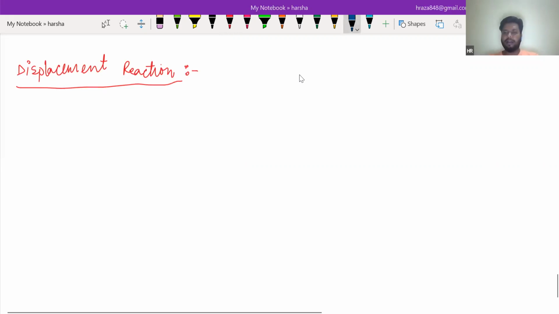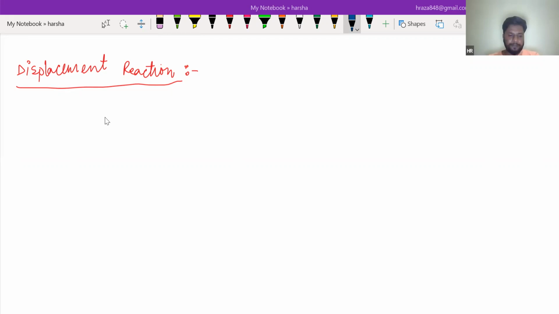In class 11th, you had a reactivity series, which tells which metal can displace which metal. That depends upon the reactivity. The metal or element which is more reactive will displace a less reactive element. That reaction is called displacement reaction.